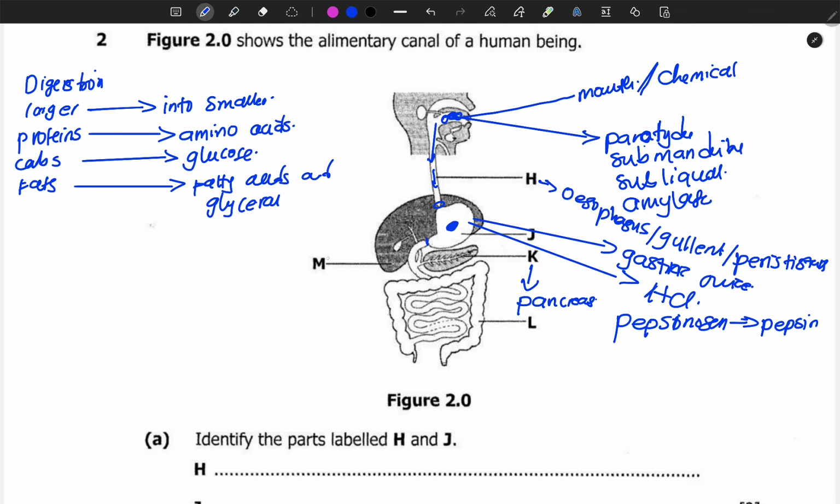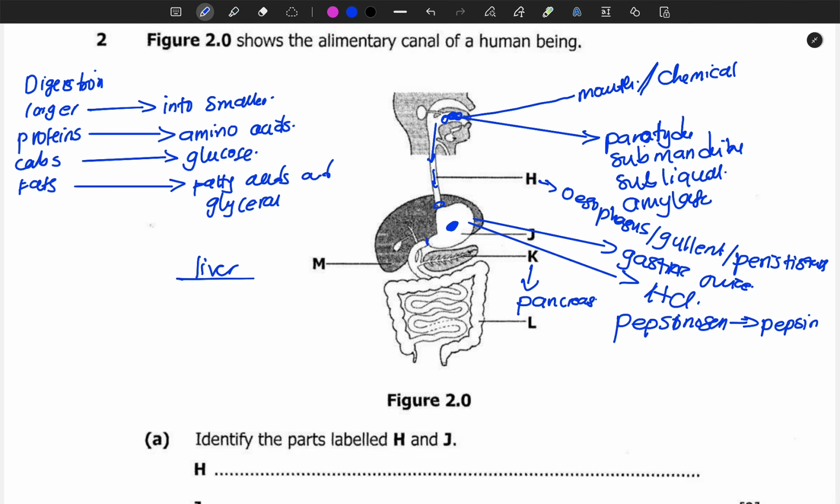Then we have the structure M, which is the liver. Liver has so many functions, like generating heat, producing red blood cells in infants, then also detoxification, then inspection, like it has to inspect if the food is safe for the body.